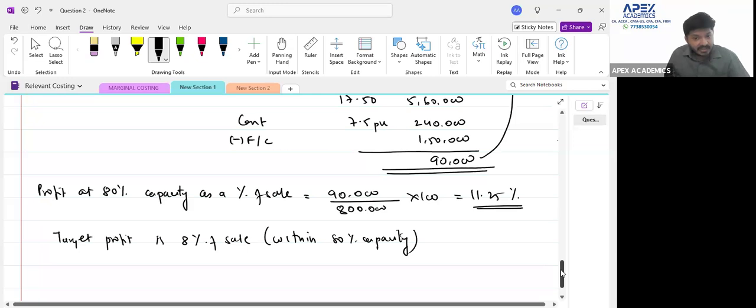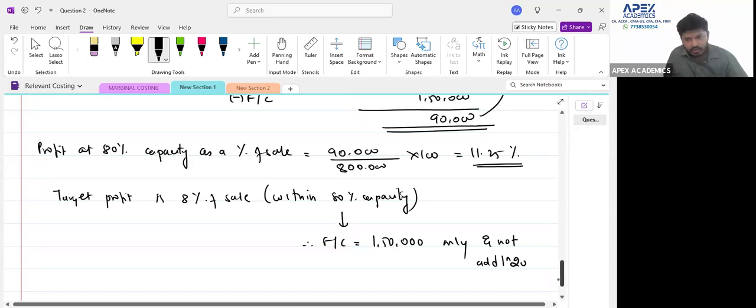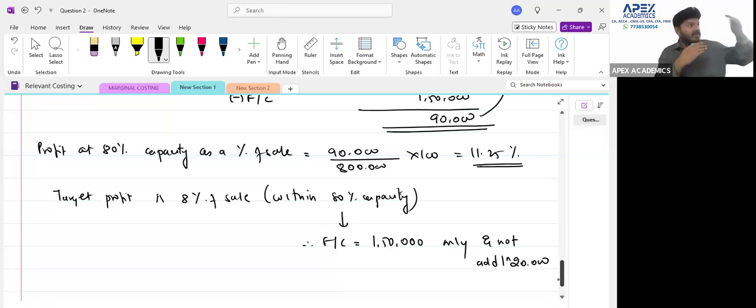If it is 80% and within, therefore, your fixed cost will be 1,50,000 only and not additional 20,000. Do you understand this? Yes or no? Because if you cross 80%, you have to take additional fixed cost. At 80% capacity, what is the percentage?